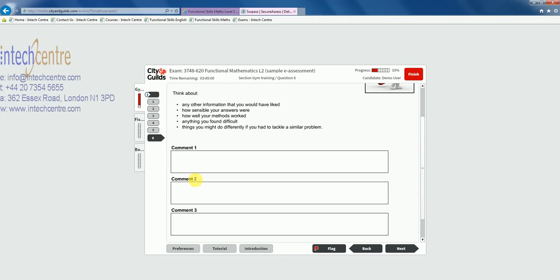So I'm going to write, the method I used to work out Booley's gym costs was by calculating each member's sessions.